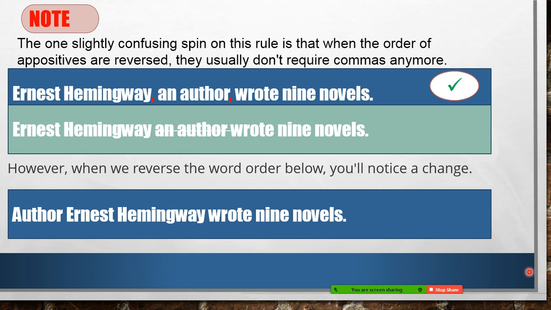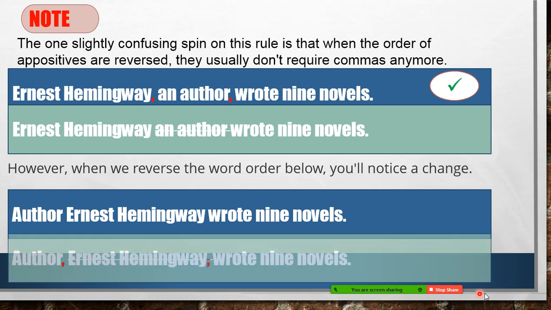Iman. Now read after reversing the word order. Author Ernest Hemingway wrote 9 novels. Okay. Now, can I put Ernest Hemingway between two commas, like this?